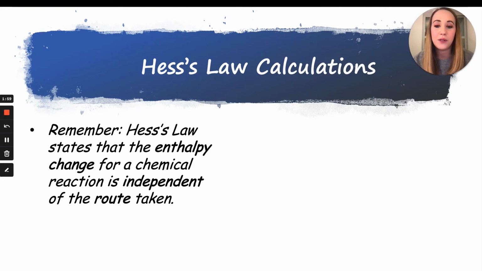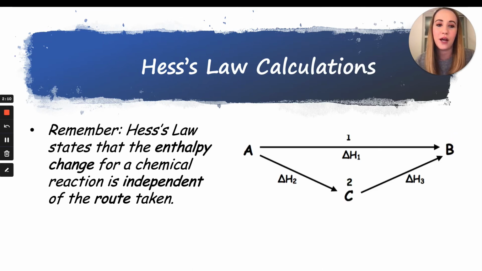But the principle of Hess's Law is that when we look at a chemical reaction, no matter what route you take for the reaction, so whether you do the reaction in one step, what we would call a direct route, straight from A to B, or whether we have a kind of intermediate step in between, if we're getting from one chemical to another chemical, the enthalpy change for that reaction is going to be exactly the same, regardless of how we get there. So it doesn't matter how many steps there are, what kind of intermediate chemicals are involved.